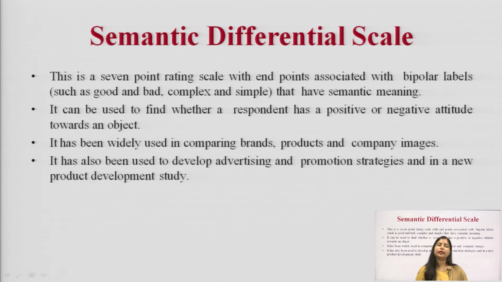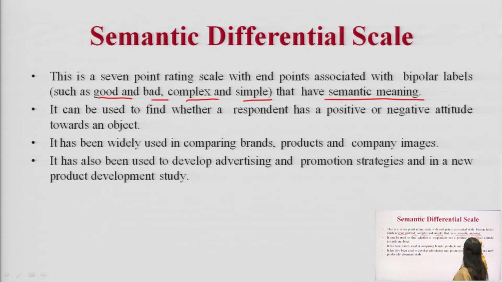Now, after the Likert scale, we are going to discuss the semantic differential scale. So what is a semantic differential scale? It is basically a 7-point rating scale with ends associated with bipolar labels, such as good and bad, complex and simple, that have semantic meaning.